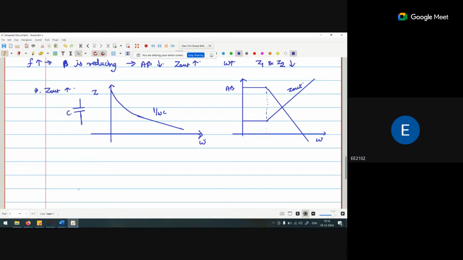So if omega is increased, 1 over omega c reduces. Okay, so if we have a circuit, minus, plus, minus, this is my capacitor.